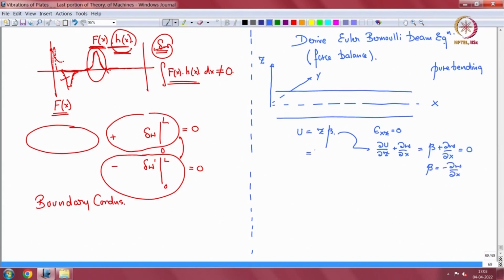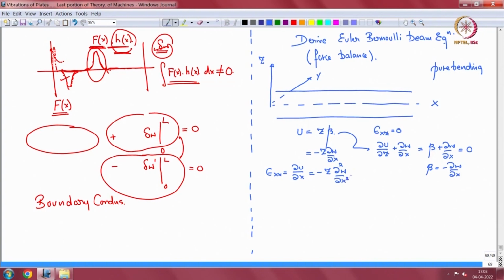Therefore my u is equal to minus z del w by del x, and therefore del u by del x, which is my epsilon xx, is equal to minus z del 2w by del x square.